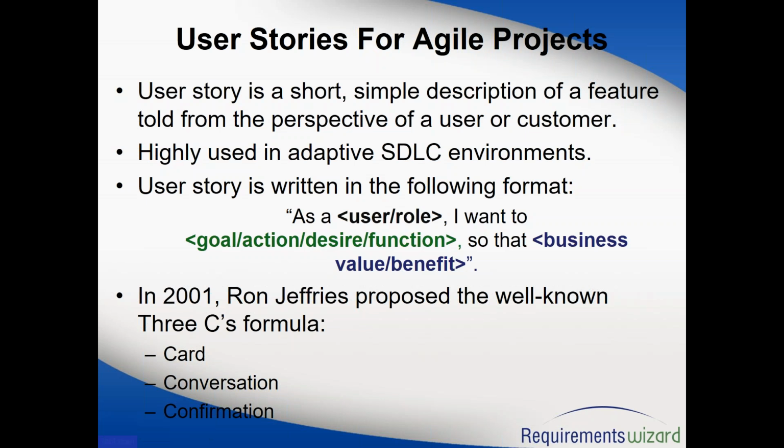Or the second scenario will be verify that if the ID and password is incorrect, the system will display the following message: please enter your correct ID and password, something of that sort. So you need to tell the audience what are the different ways your story can end, so that they can basically develop it based on that.